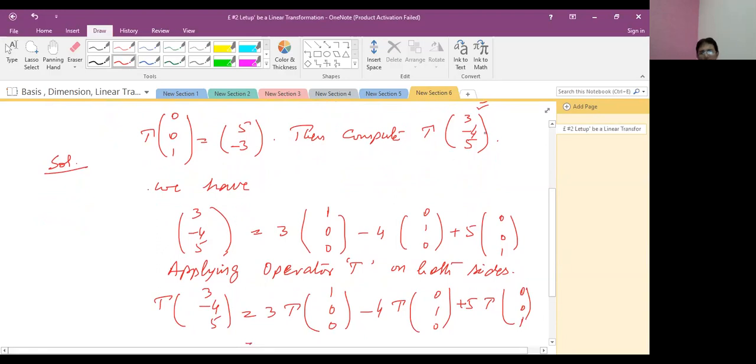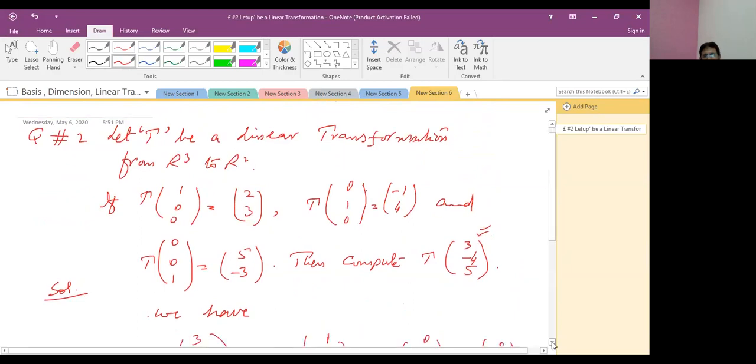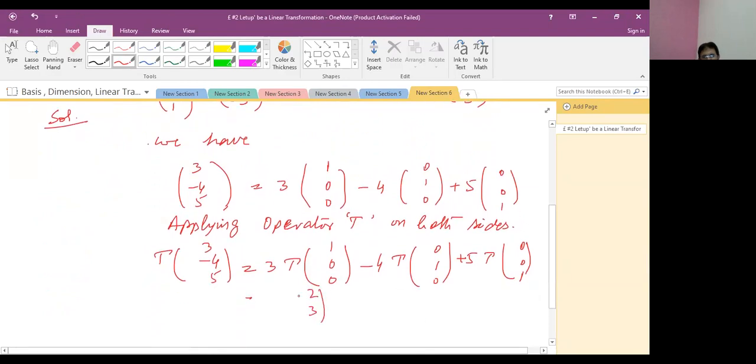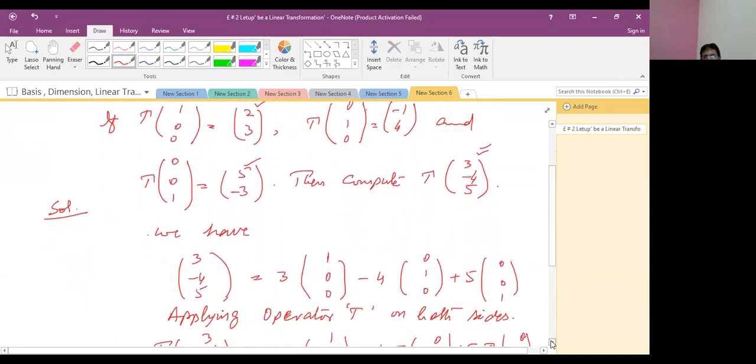According to the given condition, student, T(1, 0, 0) is (2, 3), T(0, 1, 0) is (-1, 4), and T(0, 0, 1) is (5, -3). So all these values stand when we are applying the operator. We put these values according to the definition, then simplify them.